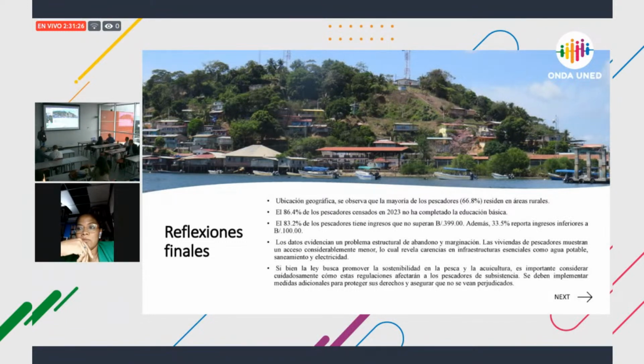In this case, we also identified that there are experiences based on environmental governance from fishermen and community networks, and how does that affect the formalization and the search for improvements of their own activity?